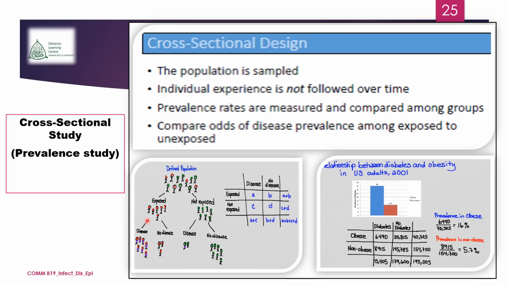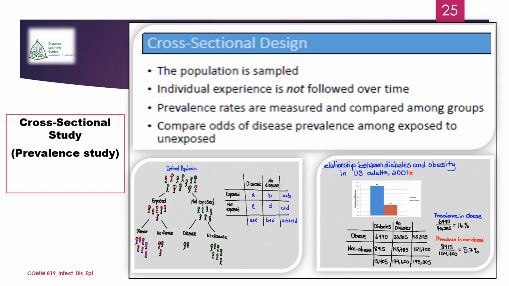Then you compare the prevalence in those exposed and those not exposed. So you will now be able to attribute that suspected risk factor, whether it's actually the cause of that particular disease. A typical example here, though not an infectious disease, is obesity and diabetes.